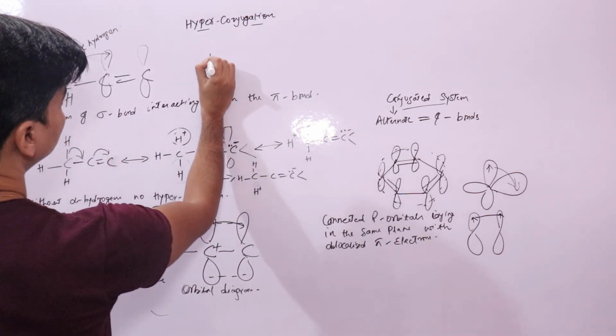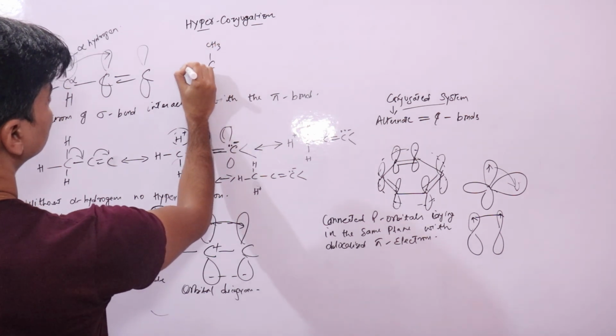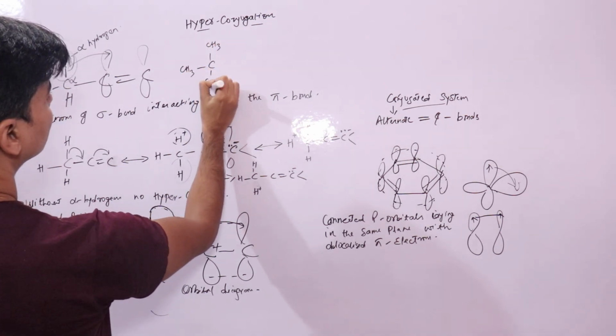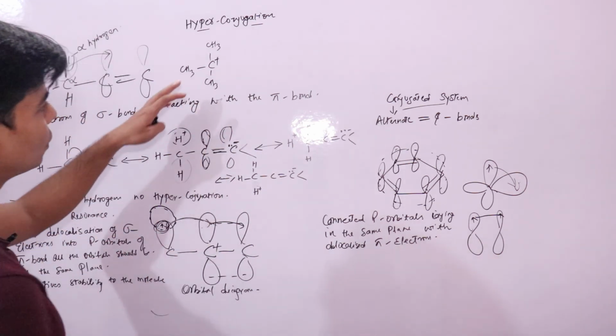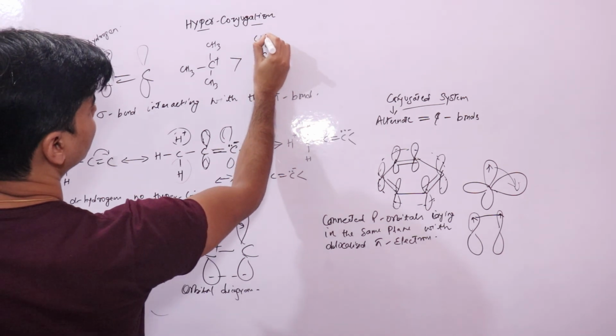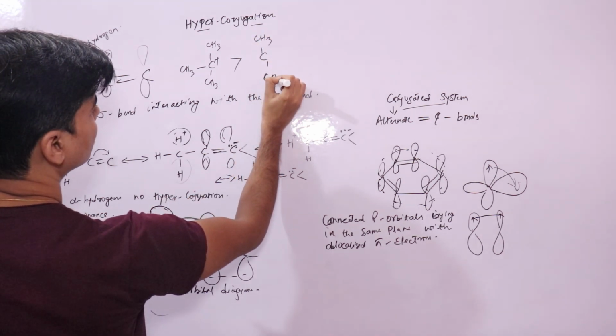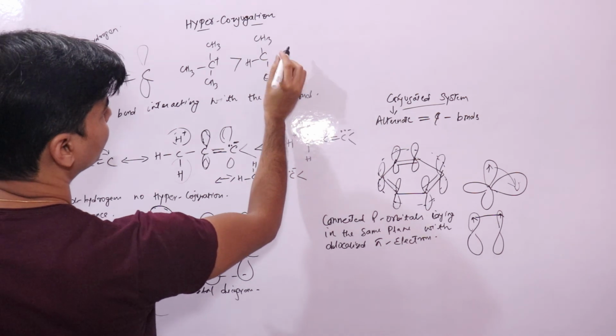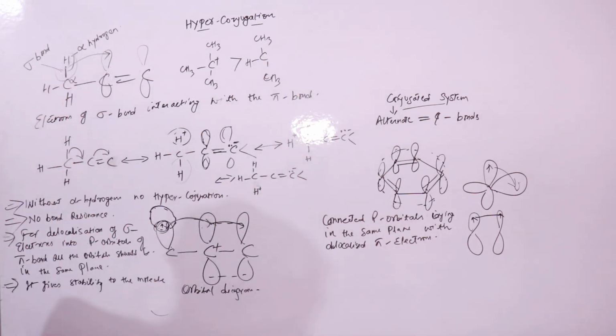That is why the tertiary butyl cation will show maximum hyperconjugation activity.